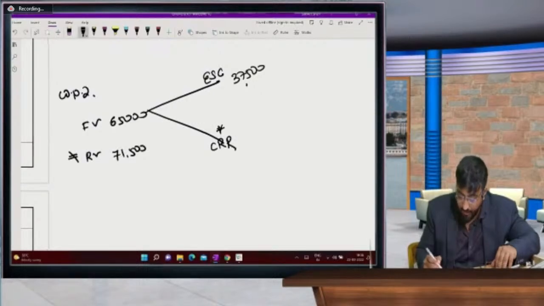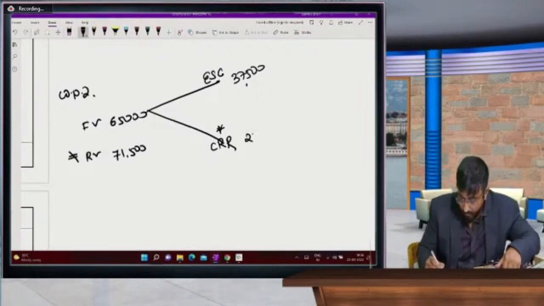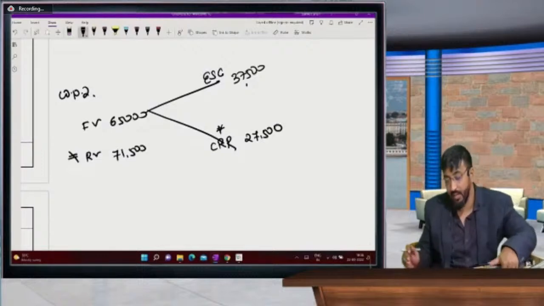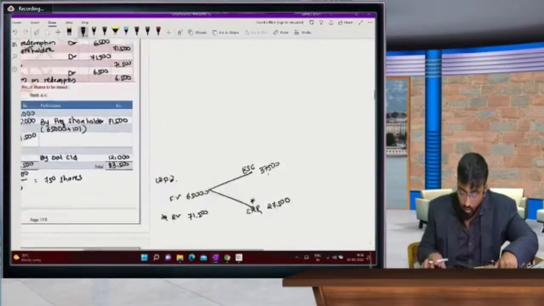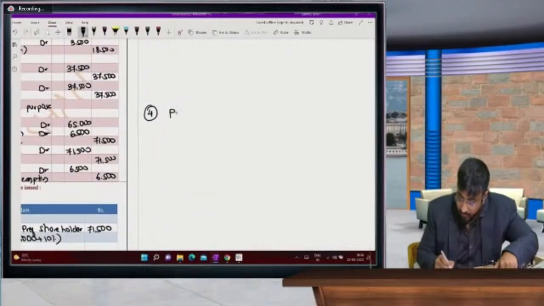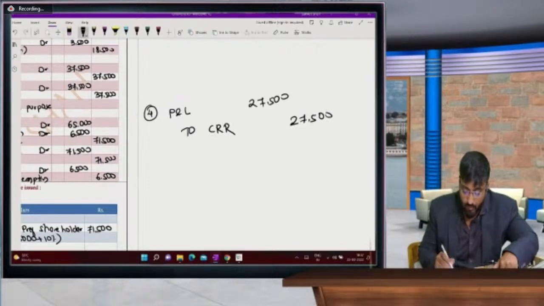And balancing figure is CRR, 27,500. So CRR working note 2 and last entry: P&L account debit to CRR. In exam, please write down full forms. 27,500. Being CRR created.